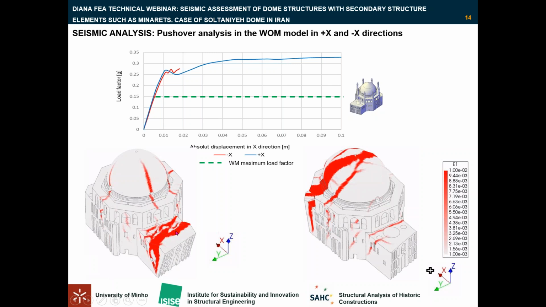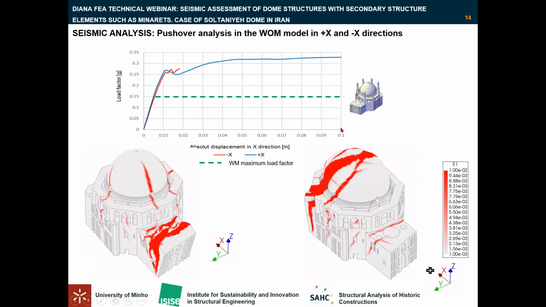The control point on top of the dome registered a minor displacement of 0.17 millimeters, as we can see here at maximum load factor, whereas a point on the uppermost part of the tomb, where failure occurs here, exceeded the limit displacement of 10 centimeters at the same load factor. In this analysis, the maximum displacement of the structure has been limited to 10 centimeters.